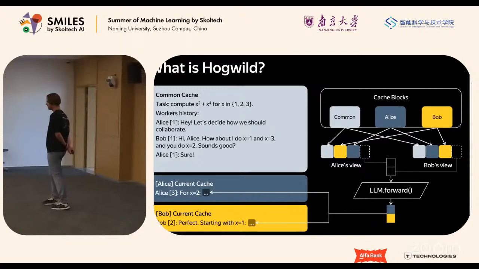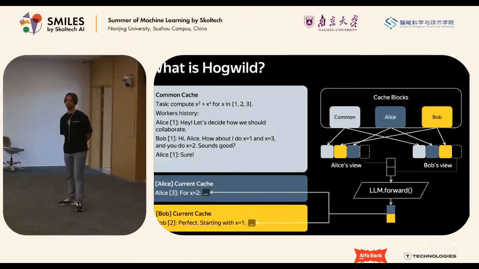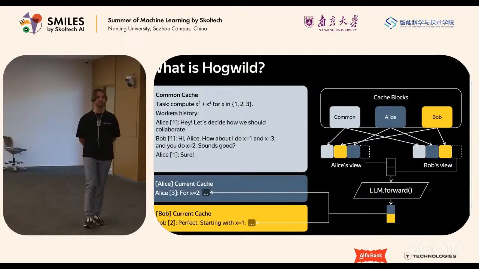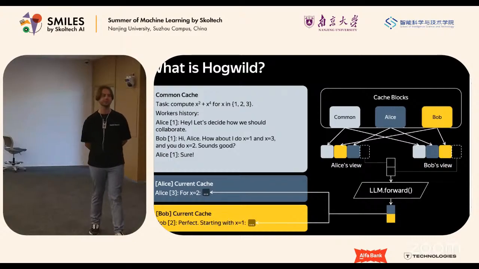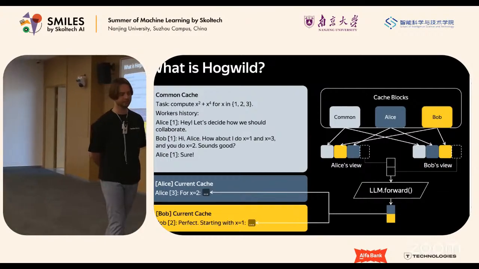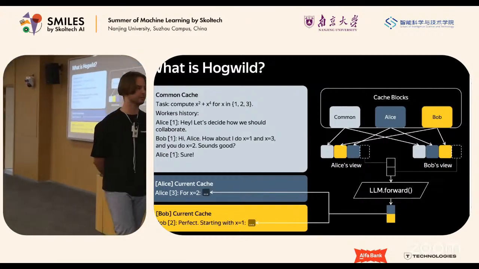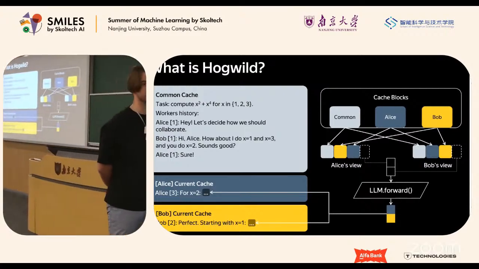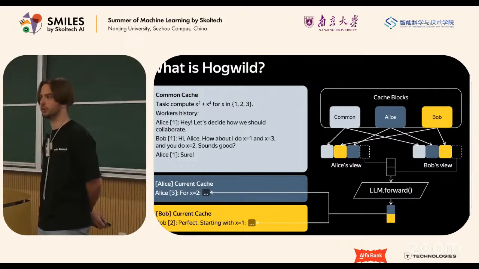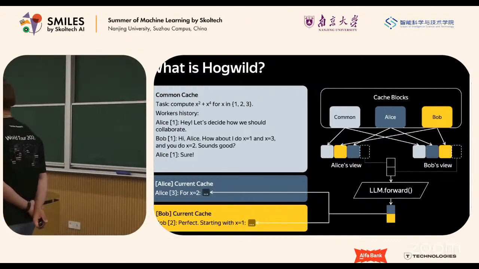You can imagine it as if you are working in a shared Google Doc. You're writing some stuff in it, and your friend sees your writing in real time. That potentially may improve your efficiency in writing the solution, or may not. It depends on your ability to collaborate with each other.